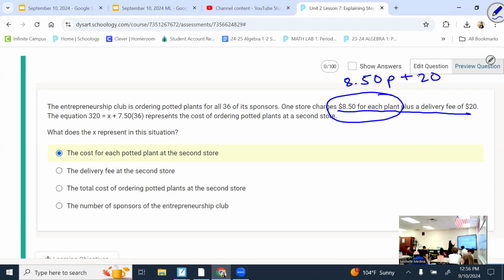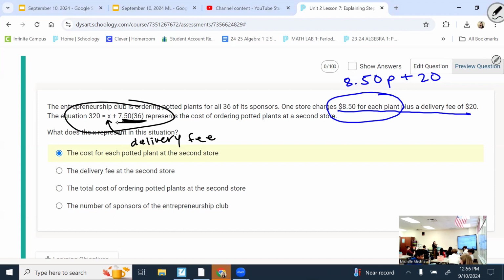Compare it to this other one that has it as X plus 7.50 times 36 equals 320. What do you think that X is in this situation? Compare it to the one that we set up. So in this one, the X is most likely the delivery fee because it looks like this $7.50 is my price per plant because they're multiplying it by a number.